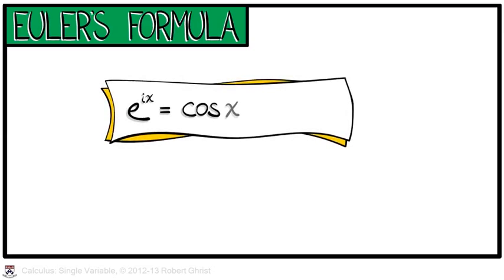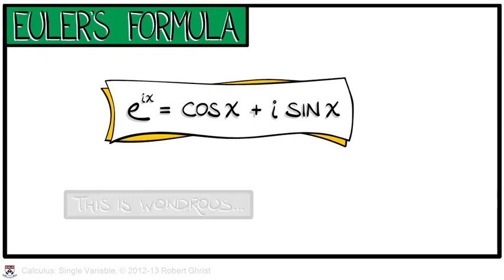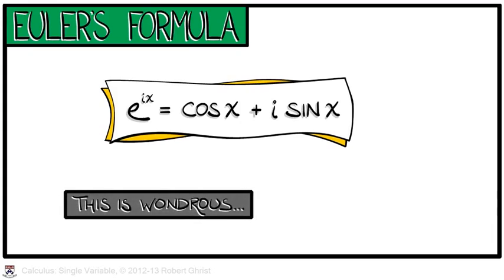These facts are easy to remember, but maybe not so easy to fully comprehend. There is one last ingredient that we're going to need before we go deep into exploring what e to the x means. This is something called Euler's formula. This is simple looking. It states that e to the i times x equals cosine of x plus i times sine of x.